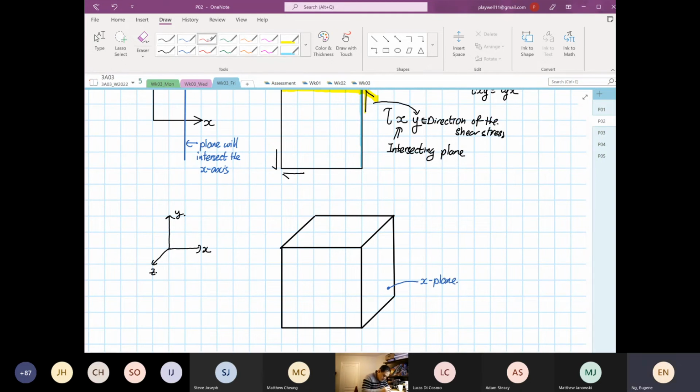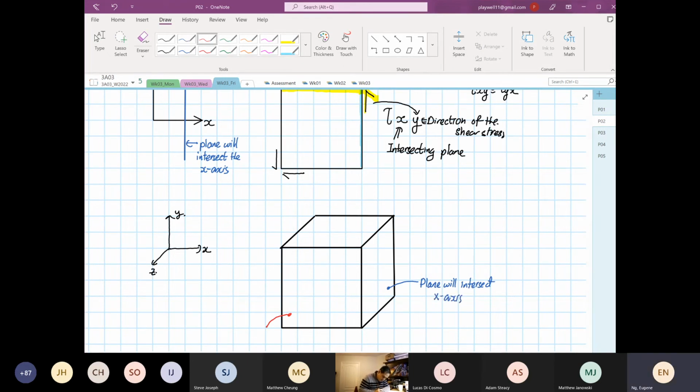Okay. And the next one over here, this plane will intersect the z-axis. Sorry, wrong use of words, I do apologize. The plane will intersect the x-axis.